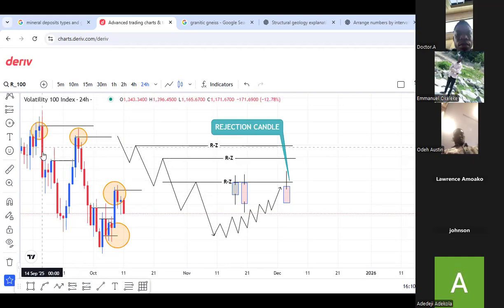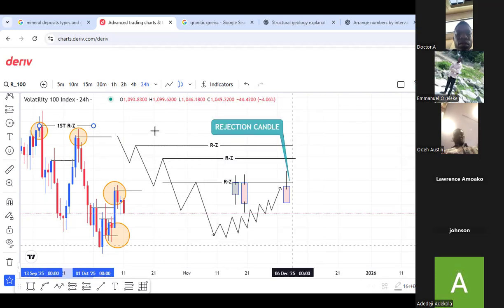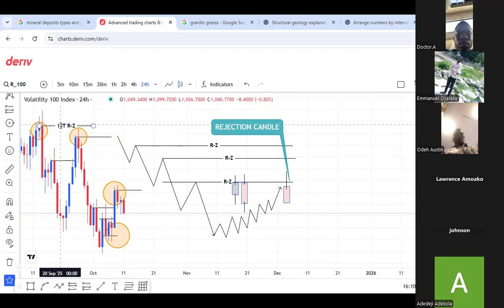That is this structure over here, the drop base drop. Let me say the first RZ. Hope where I'm labeling is right. Not that one, the one you said is a minor structure. This.